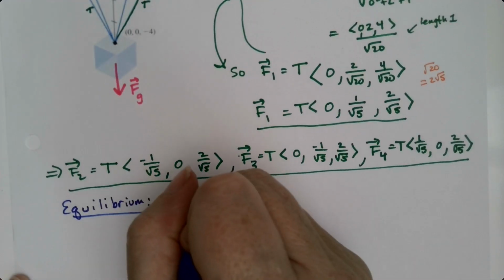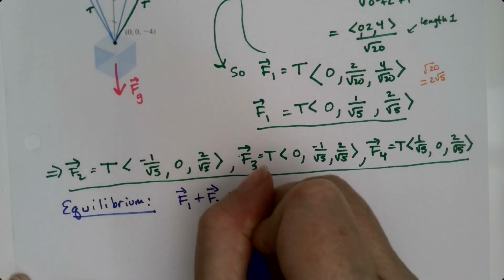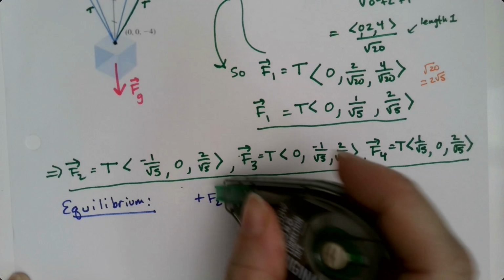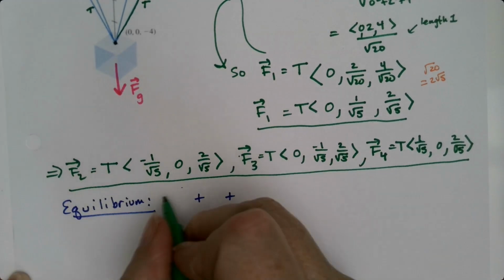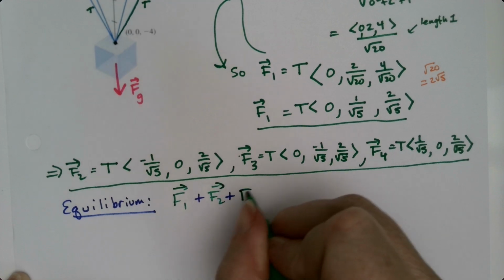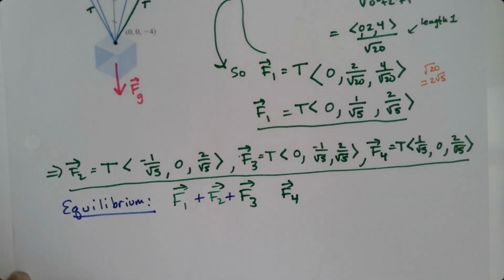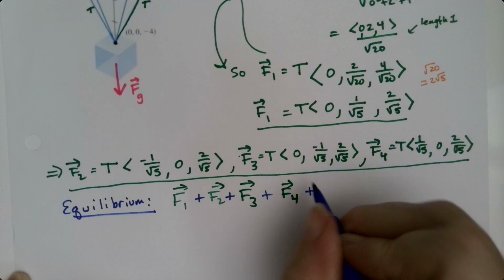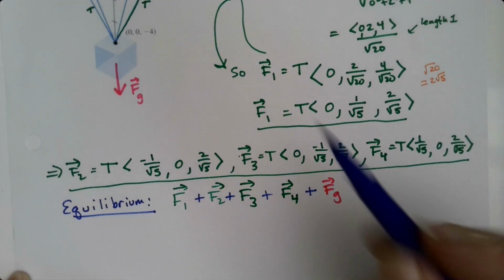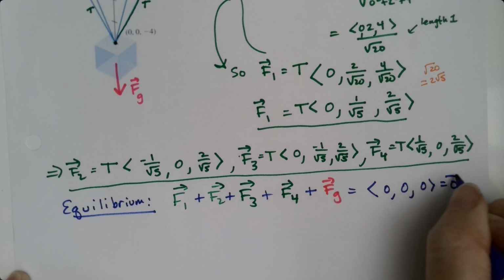So force 1 plus force 2 plus force 3 plus force 4 plus the force due to gravity. Here, let me do this in green. Force 1, force 2, force 3, force 4. You need to add them to the force due to gravity, and you have to be able to get the 0 vector, which would be 0, 0, 0, which is the 0 vector.